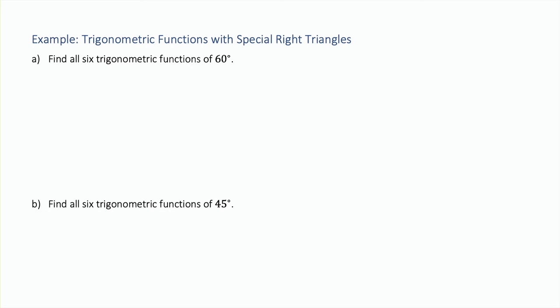Let's go ahead and use those special right triangles to find the 6 trigonometric functions of these given angles. So find all 6 trigonometric functions of 60 degrees. I'm going to draw a special right triangle, and it doesn't really matter the orientation. I'm going to do it like this, which is slightly different than the previous slide.